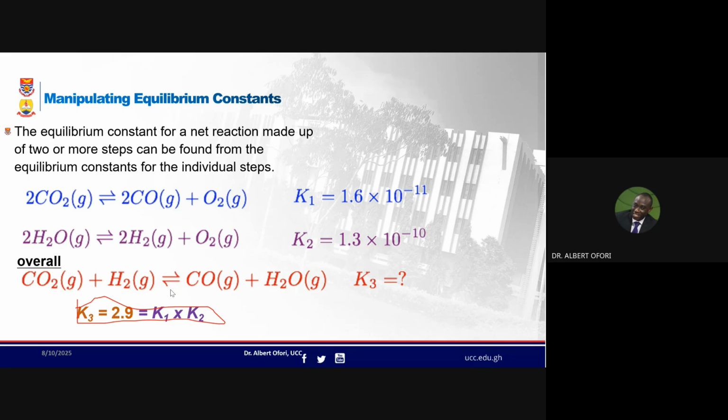And when we sum equations together, the new equilibrium constant becomes the multiplication of the individual equilibrium constants. So that is it. Next time we'll look at the relationship, and then proceed to the factors that affect equilibrium reactions. Okay, see you. If you have any question, you can also ask.